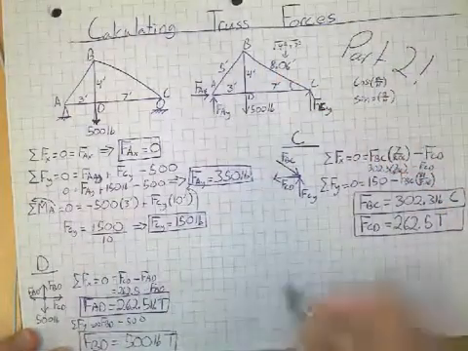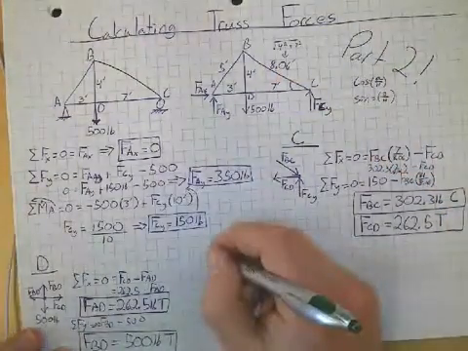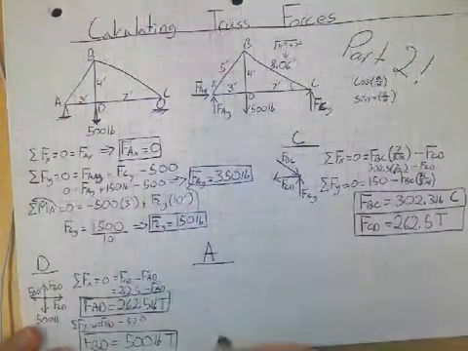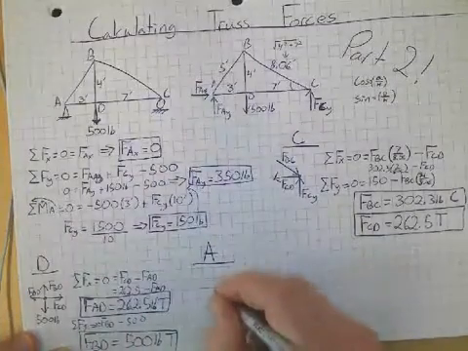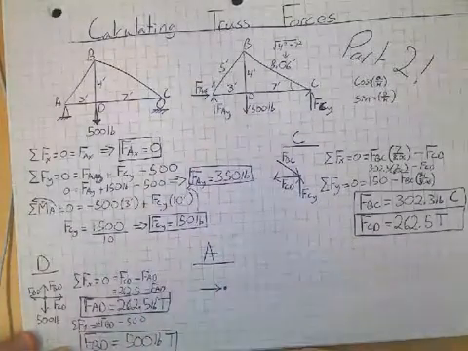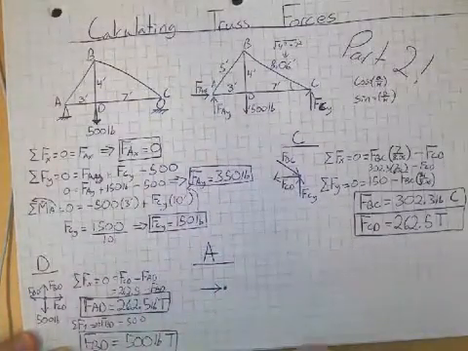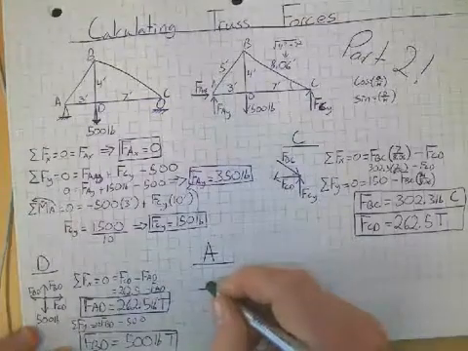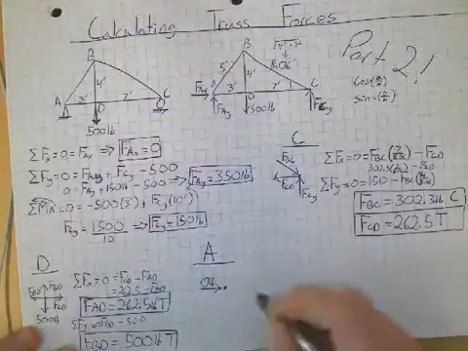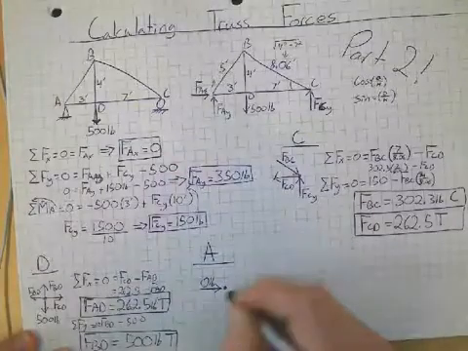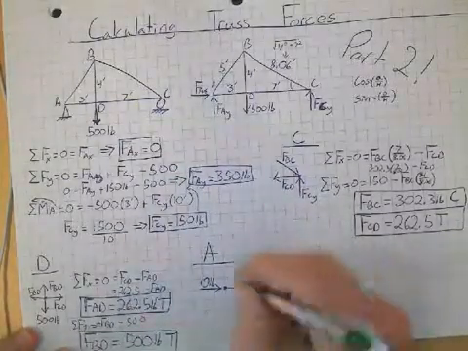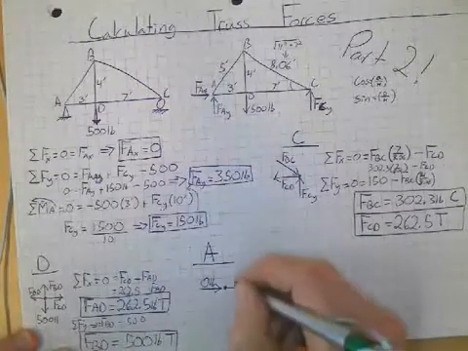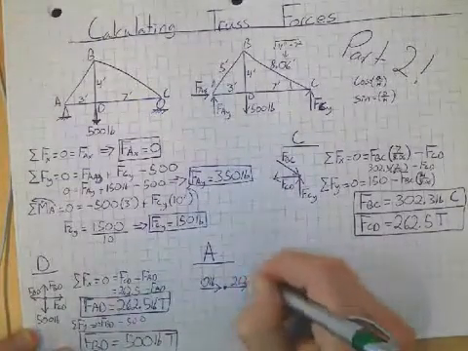So since I only need to figure that one out, let's just go to joint A to finish solving this. So at joint A, I'm going to have FAX, which I now know to be equal to 0. I've got FAD, which is going away, and that is at 262.5.